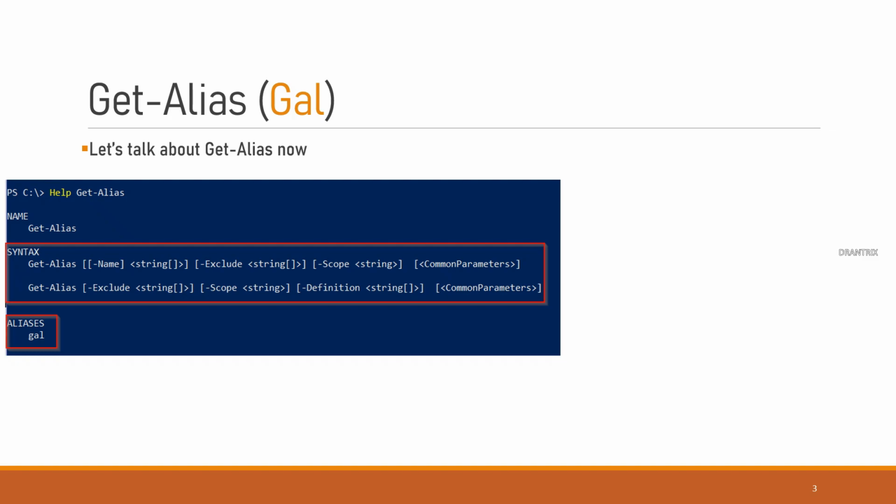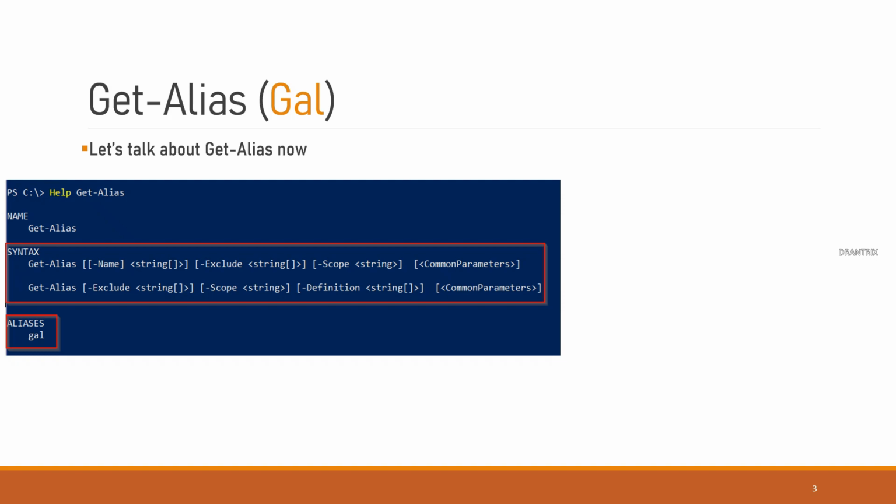If you look at this one, you have an alias section separately, just like we have name and syntax. In the aliases section, you will see the alias name for the particular commandlet. And for your information, not all the commandlets have an alias name. Only some of them have, and for the rest, if you wish, we can create them.